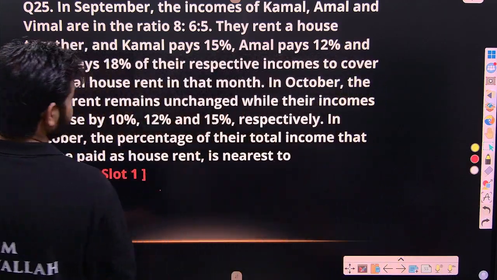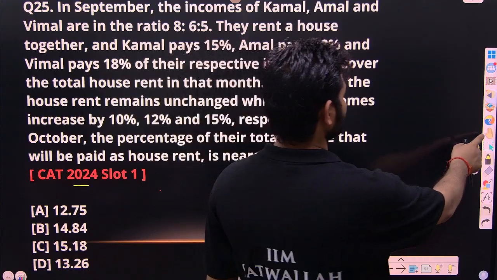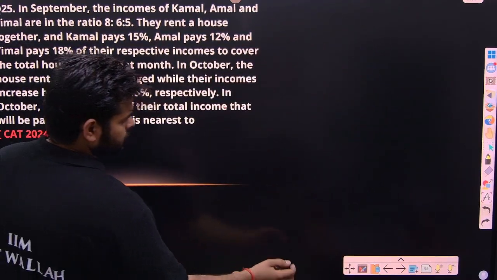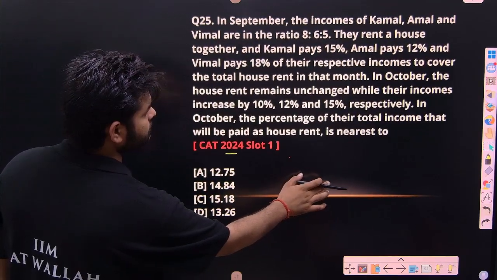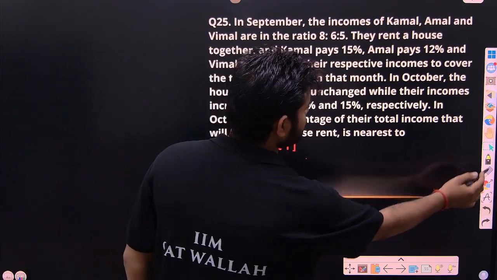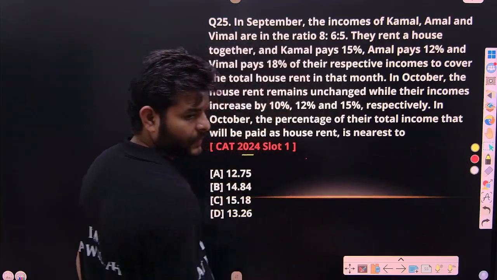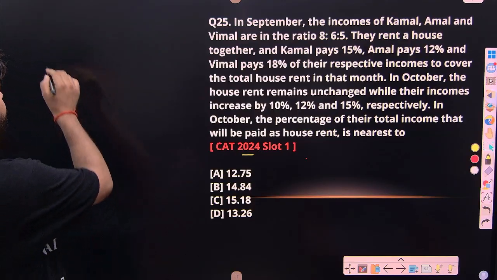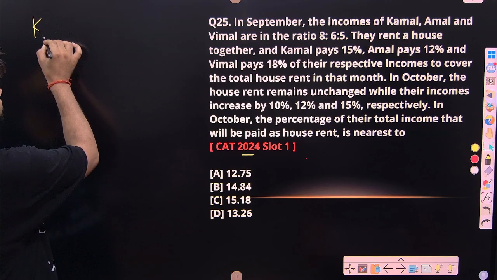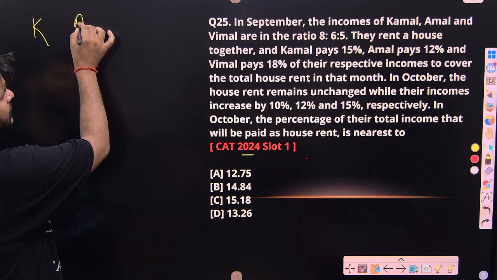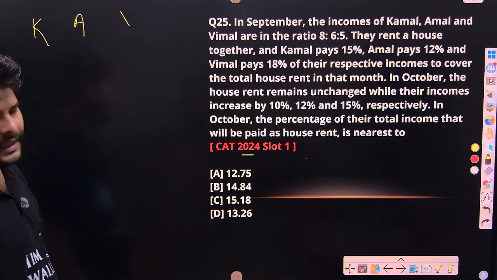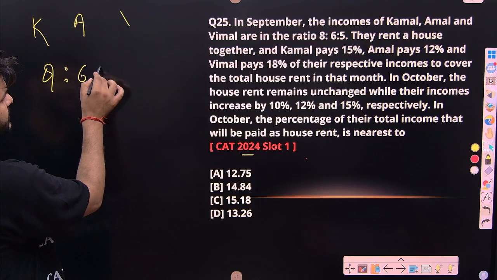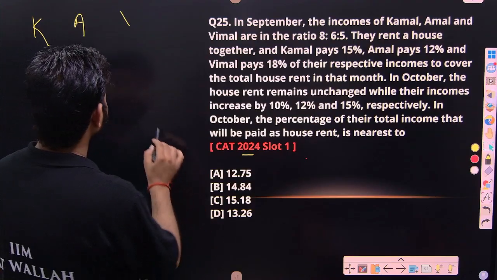So you need to understand closely what the question is saying. In September, the incomes of Amla, Bimla and Kamla are in the ratio 8, 6 and 4.